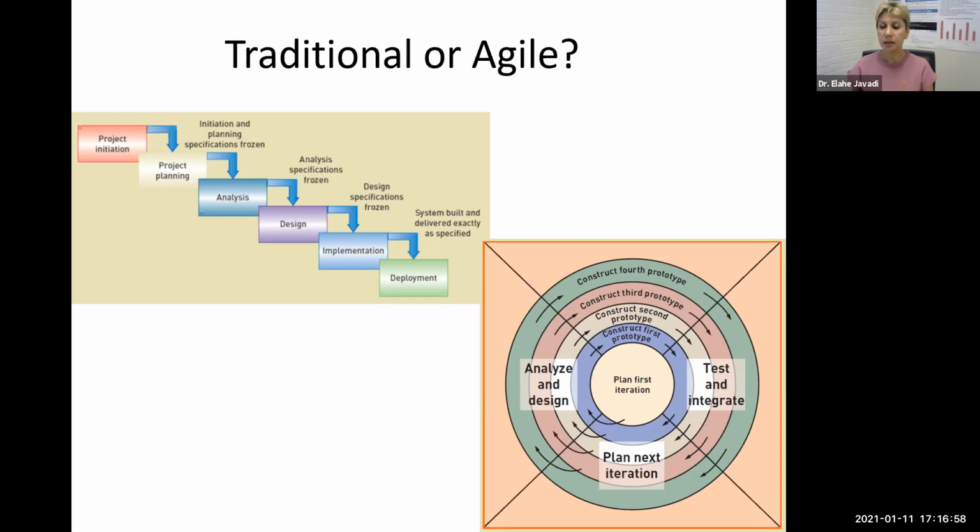Why? Because again, you are asking users for feedback, you're involving them, and you should be able to know when you're done. And sometimes that's hard to know, and you may be stuck in iterations forever.